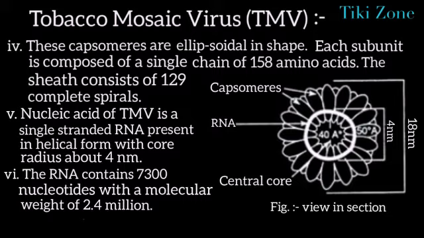The nucleic acid of tobacco mosaic virus is a single-stranded RNA present in helical form with a core radius of about 4 nanometer. The RNA contains 7,300 nucleotides with a molecular weight of 2.4 million.